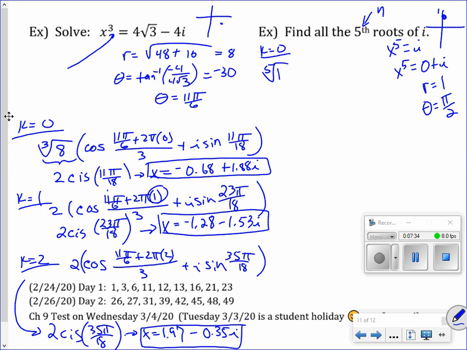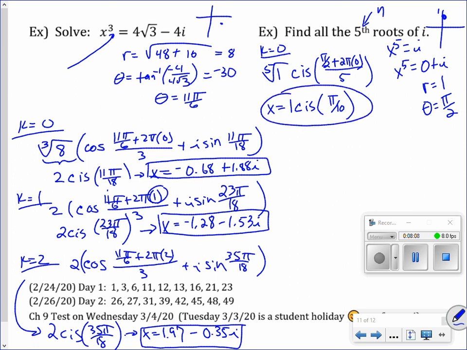Cosine plus i sine of theta, which is pi over 2, plus 2 pi times 0 over n, and n is 5. So I get 1 out front, cosine plus i sine of pi over 2 plus nothing is pi over 2, and then divide by 5, I end up with pi over 10. Okay, so there is my first answer. Let's just leave it like that for now.